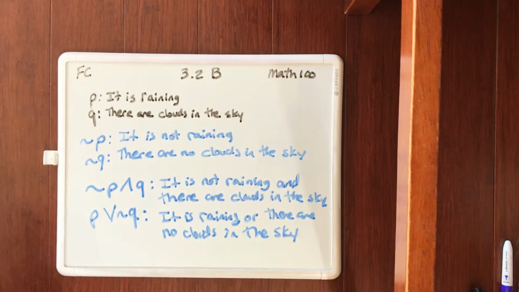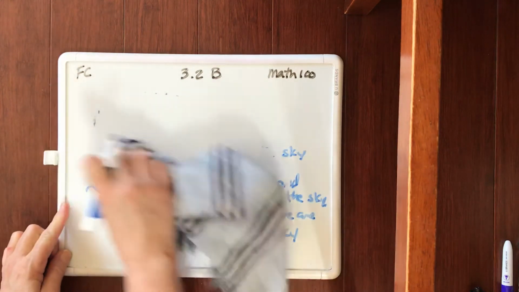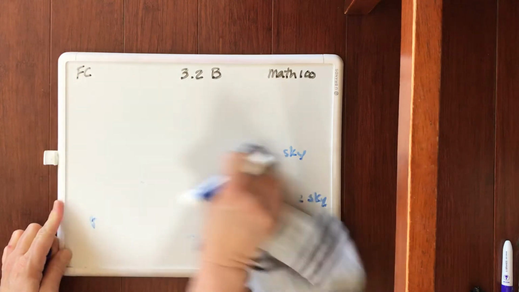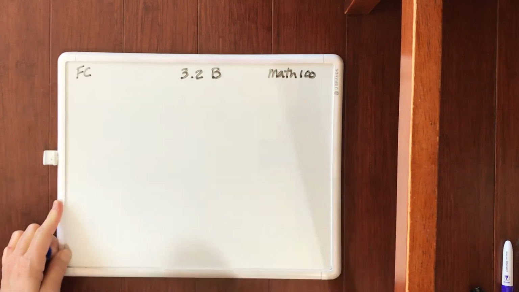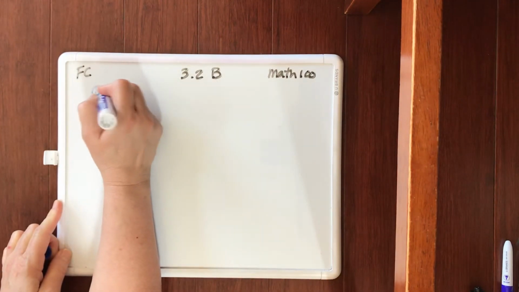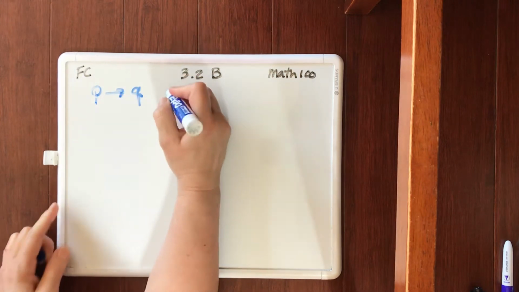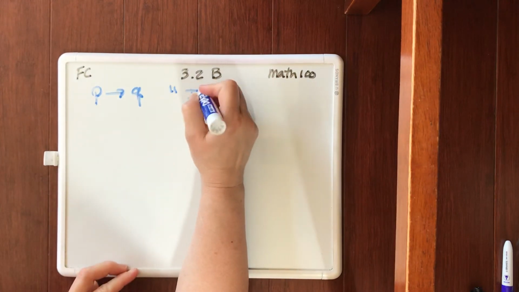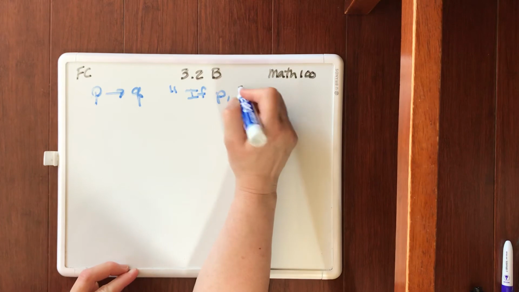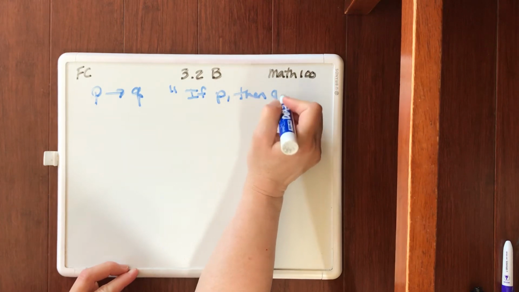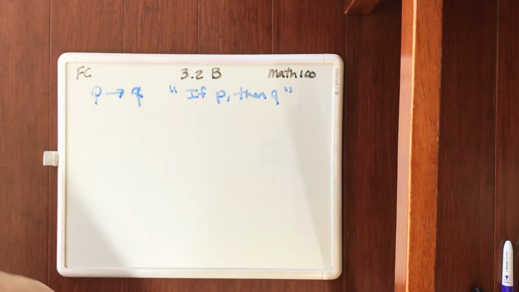Okay, so let's keep going. We also have an if P then Q. Let me write that down. So this P with an arrow, this means if P then Q. All right, so let's do the example with the same ones we did.